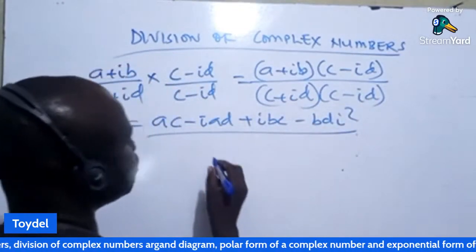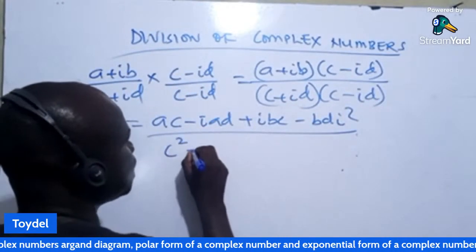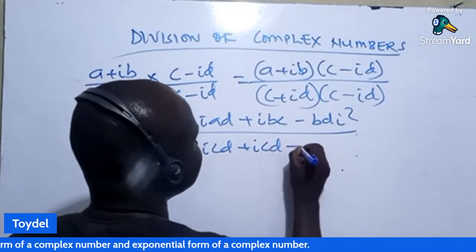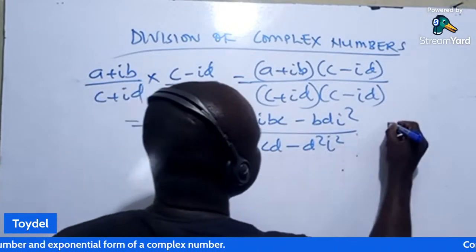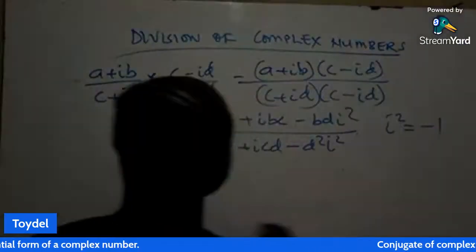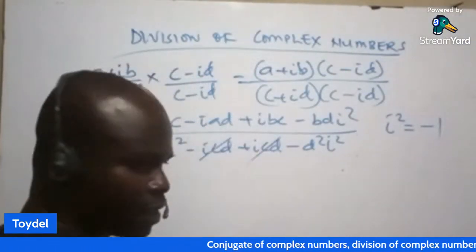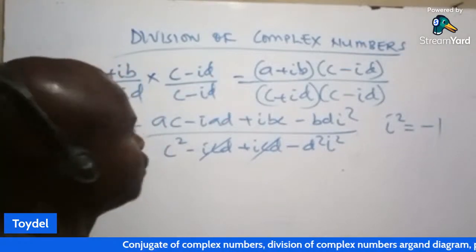If you look at the denominator, you are going to have c squared minus icd plus icd minus d squared i squared. Note that i squared is equal to minus 1. So this will take care of this.